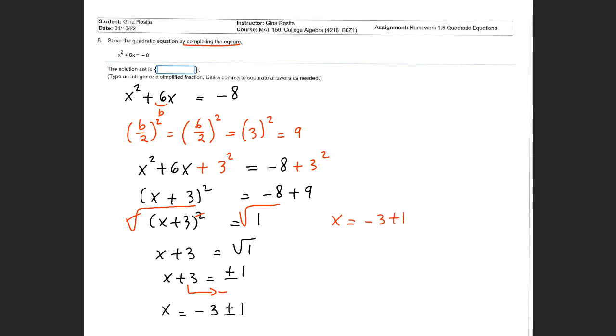We take the positive first. So the answer is negative 3 plus 1, which is negative 2. The second one, we take the negative: negative 3 minus 1 equal negative 4. So this is the answer for number 8.